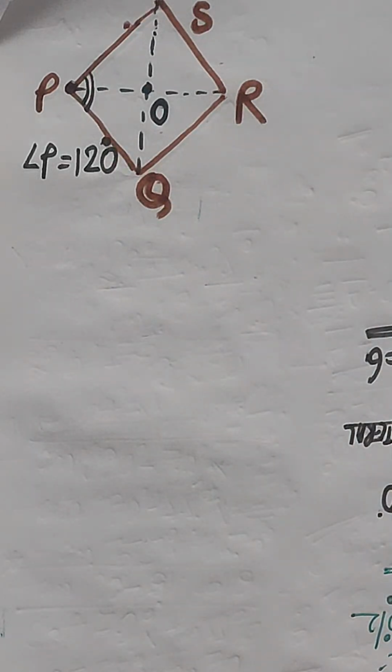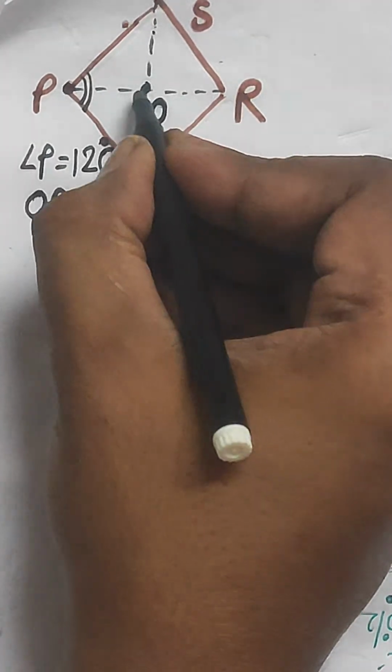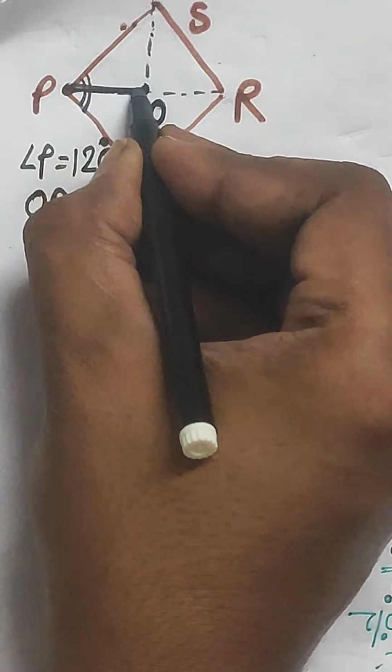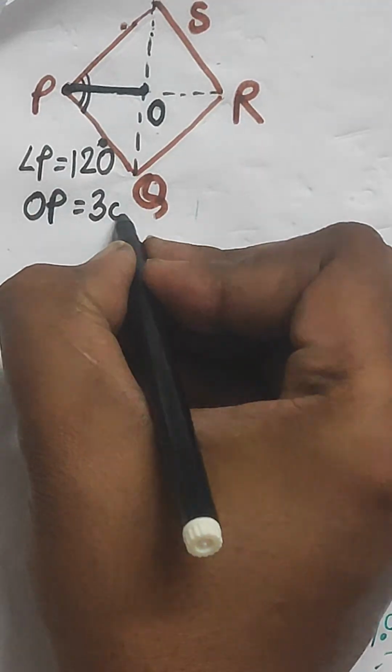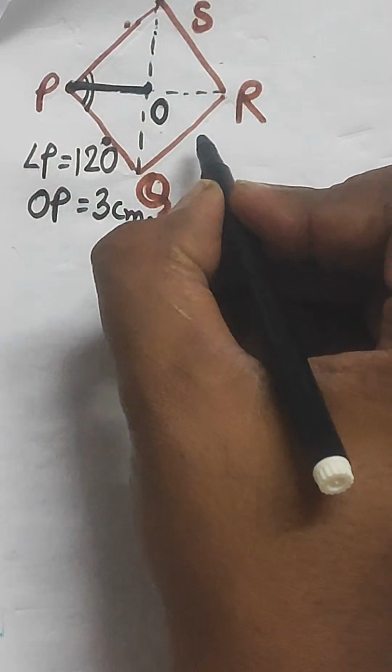They are intersecting at O, and it's given that the length of OP, this section here, O to P, is 3 centimeters. In this question, it has been asked: what is the side of this rhombus?